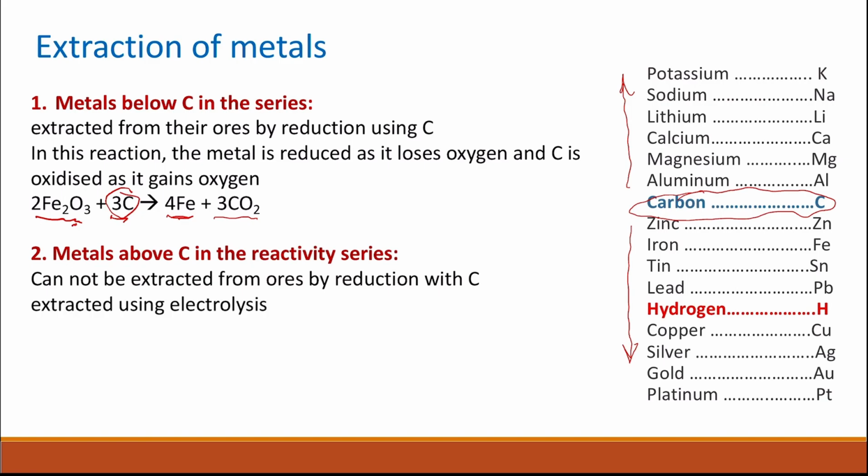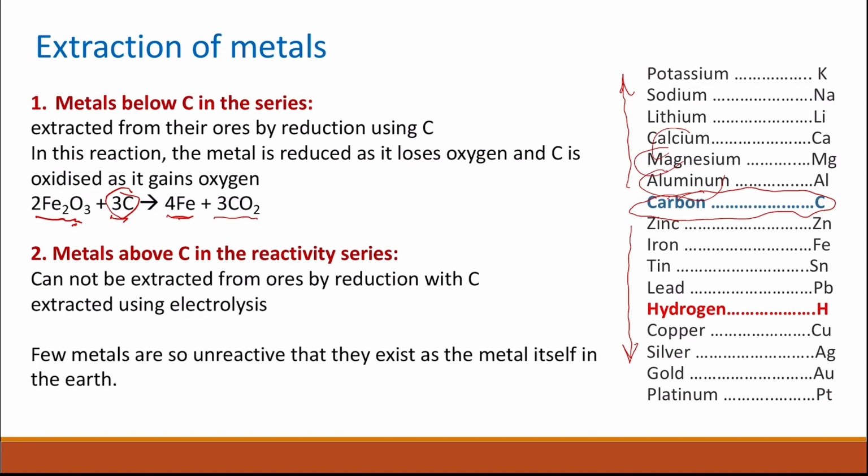So in this case, we use a method called electrolysis. Electrolysis is the method we use to extract the metals which are above carbon in the reactivity series. Something like aluminium, magnesium, calcium, sodium, these can be extracted using electrolysis, not by reduction with carbon.